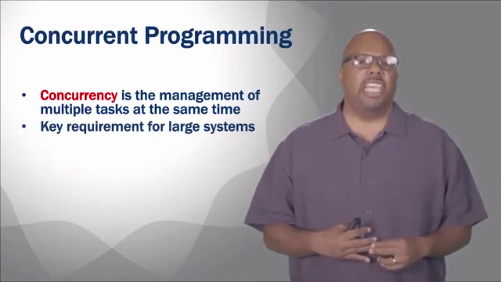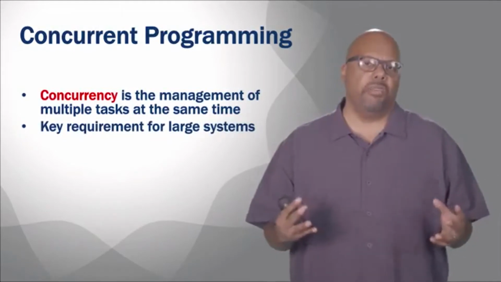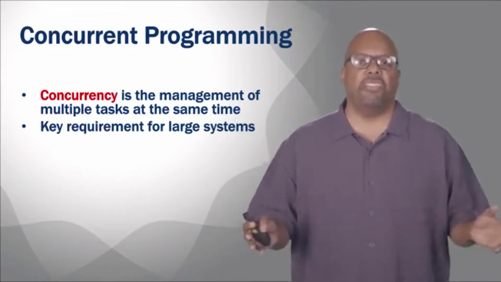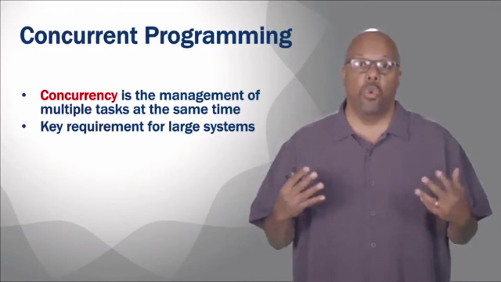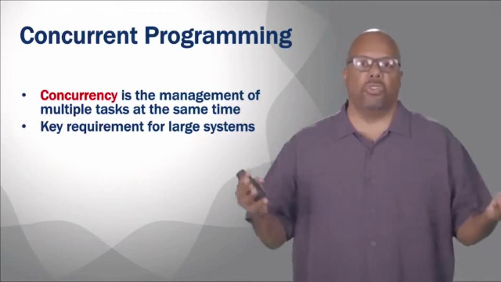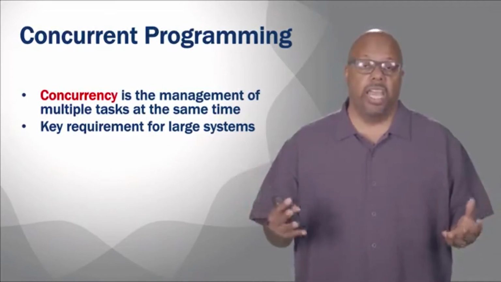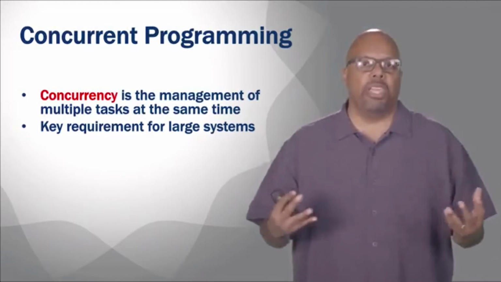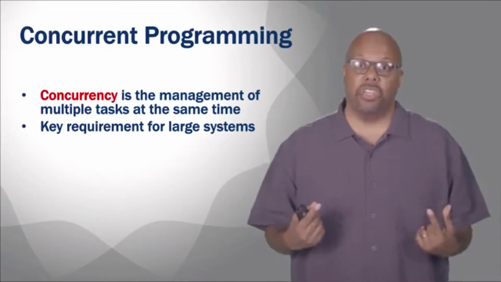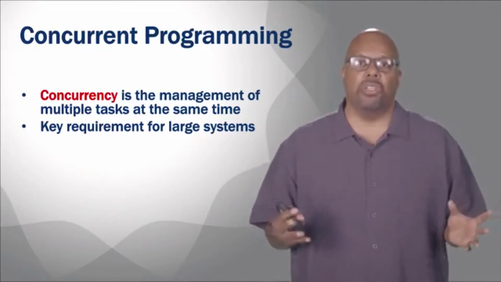This is key for large systems. Big systems have many pieces going on, and they're not all executing sequentially. You want to be able to consider 20 things at one time. Maybe they're not actually executing at the same time, but you would like to have the possibility of executing them in parallel, if at all possible, just for speed.